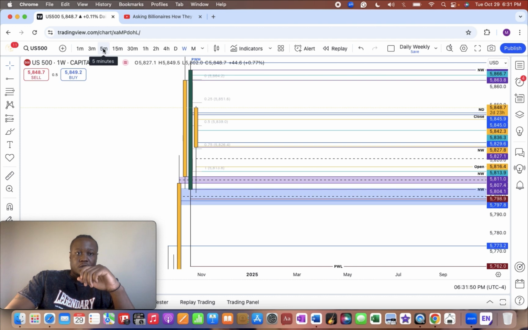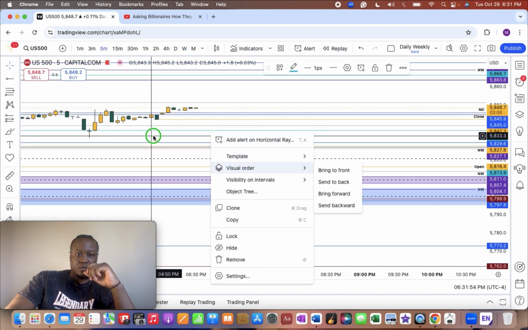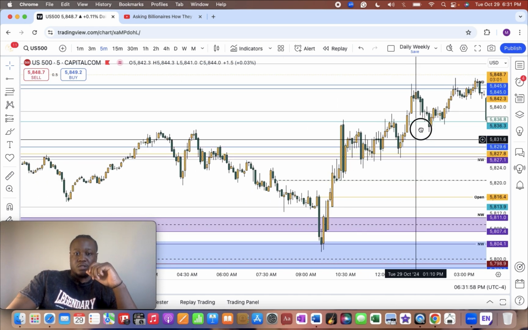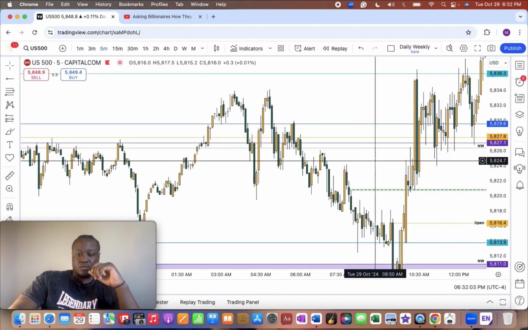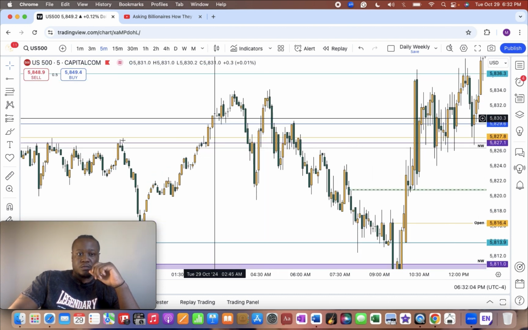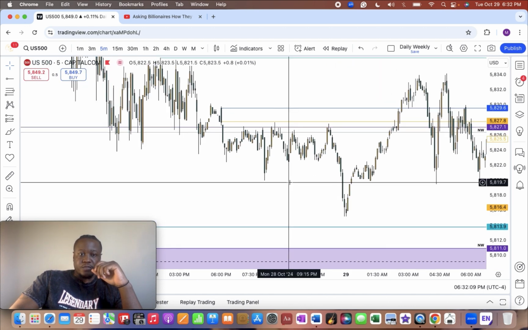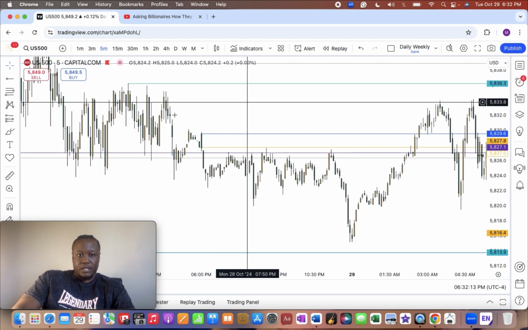So if we take a look at the 5-minute chart, yesterday when the market opened, it was bearish for the majority of the day.